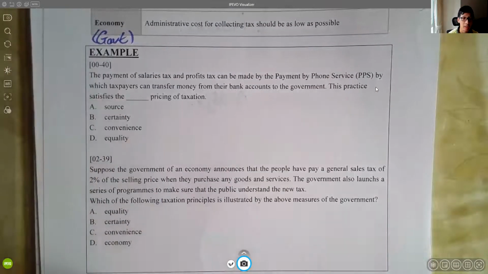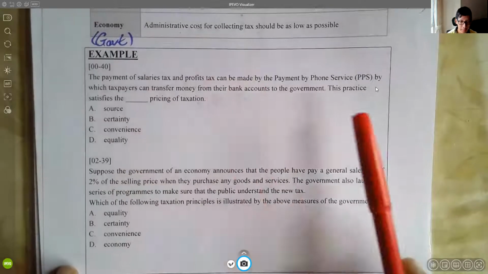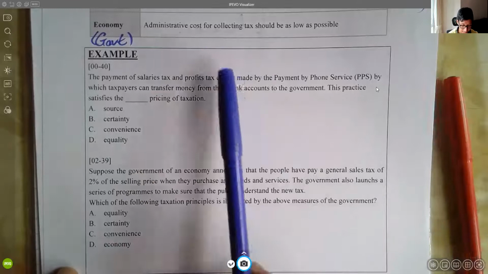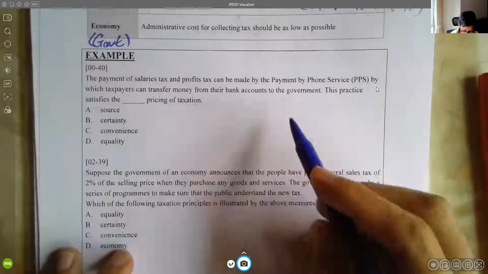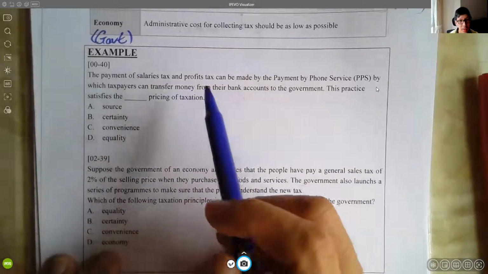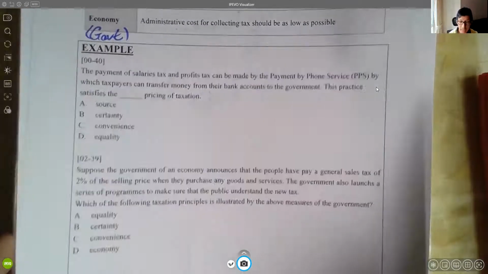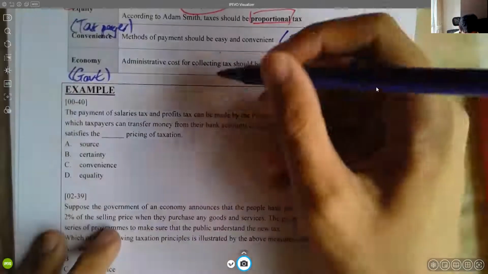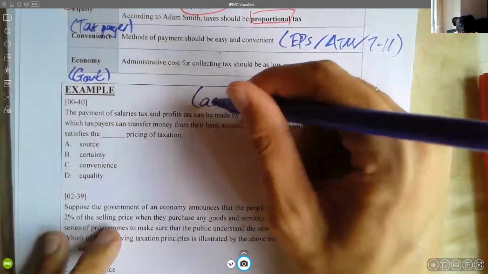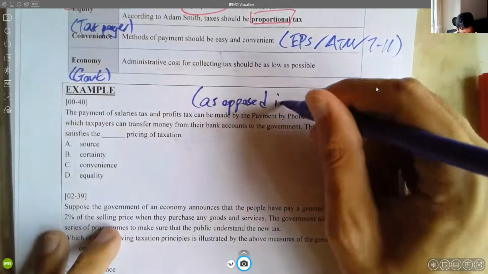Now here, year 2000. It says the payment of salary tax and profit tax can be paid by PPS, phone service. You can transfer money from the bank account to the government, as opposed to going in person.